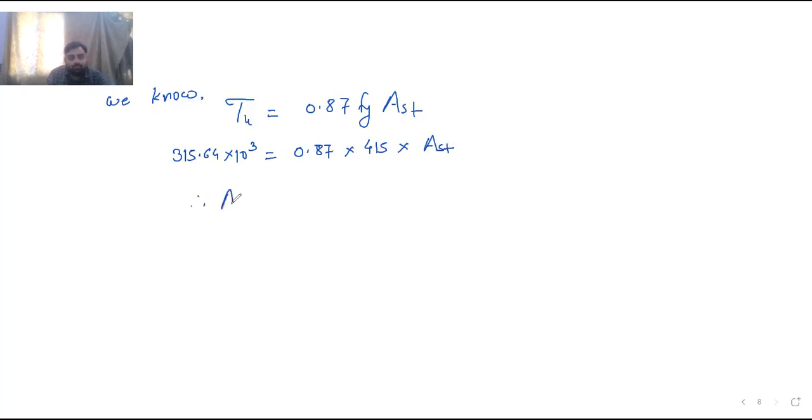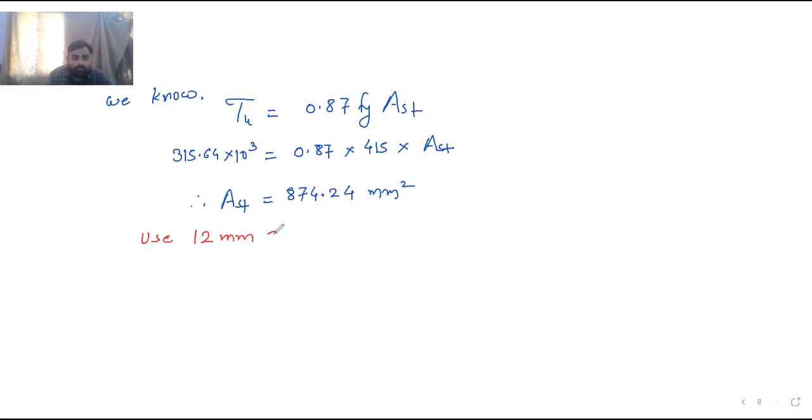Therefore, AST is equal to 315.64 kilonewton divided by 0.87 into 415. So this value is 874.24 mm square.